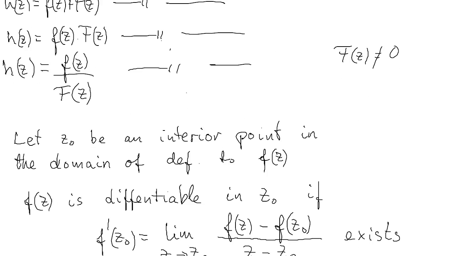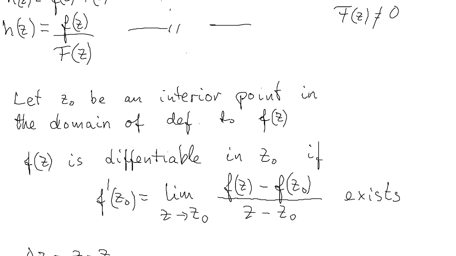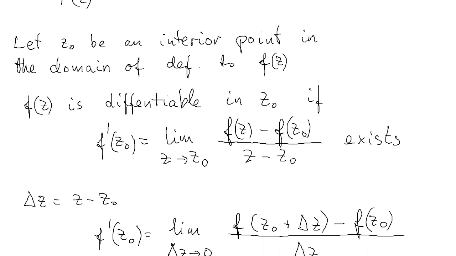Let's now turn to the definition of differentiability. Let z0 be an interior point in the domain of definition of f(z). We say that f(z) is differentiable at the point z0 if the following limit exists.